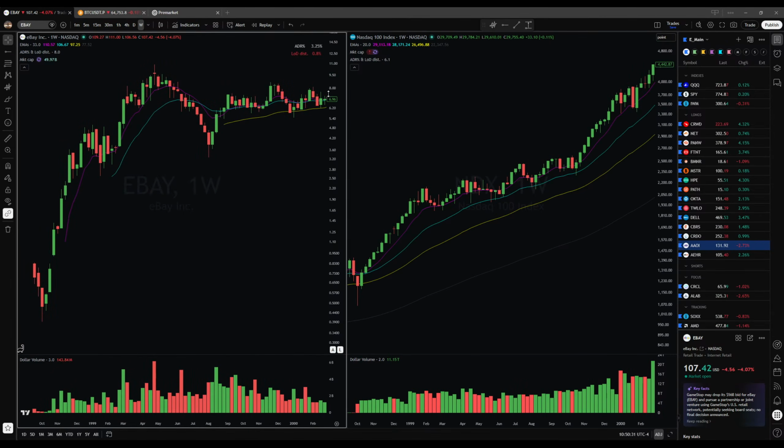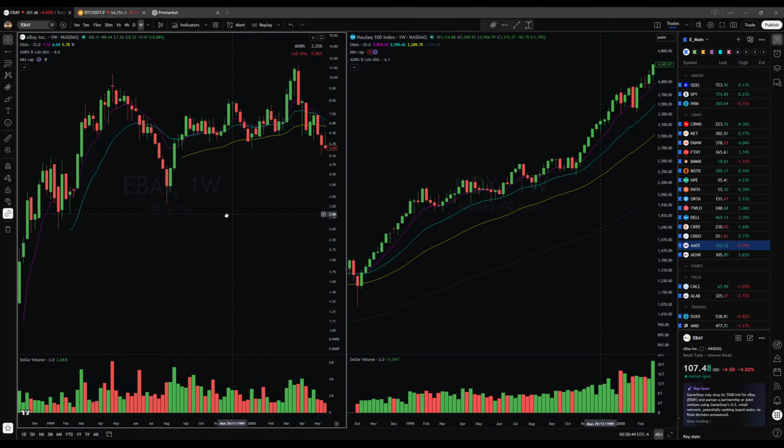On the weekly it's looking decent, but at the same time you can see the market is very extended to the upside, and showing some volume expansion as well.